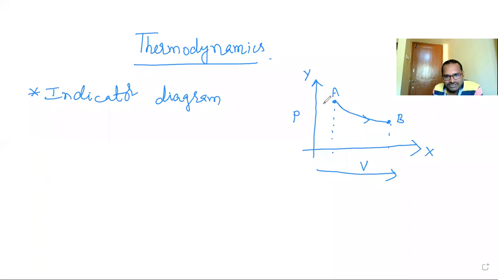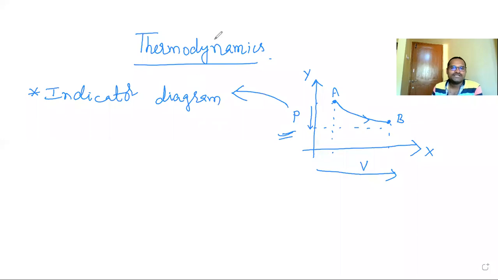At the same time, this is the initial pressure, this is the final pressure, means pressure has decreased. It is one process. This process we have indicated with a graphical representation. That graphical representation of any process, whatever it may be, we call an indicator diagram. Clear? It is important. We will discuss this again later.